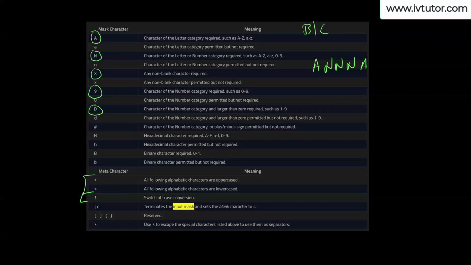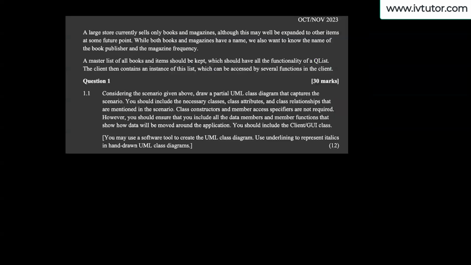It takes some time to remember what mask characters you use and what they represent. It's not really a lot. It's just A, N, X, 9, and D. You can remember those, or since your exam is open book, you can just print this and keep it somewhere. All right, so that's an input mask. That was the first question for your 2024 attempt.